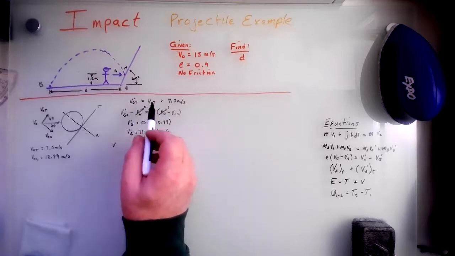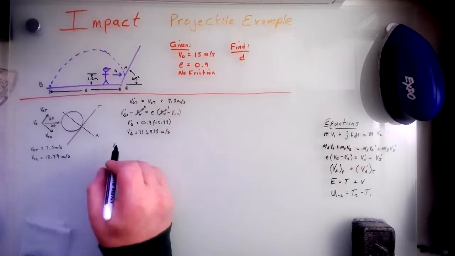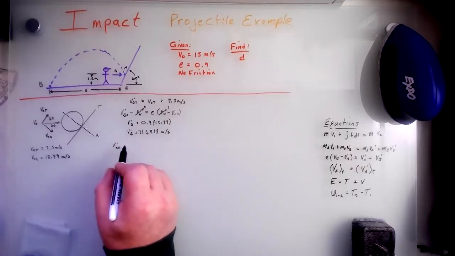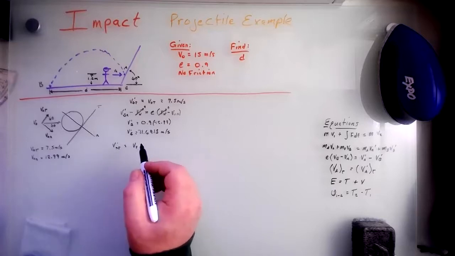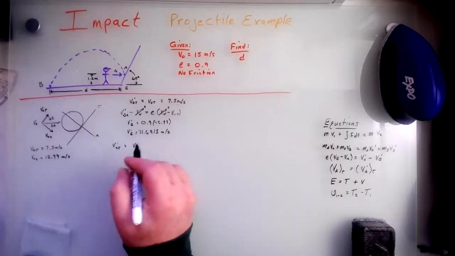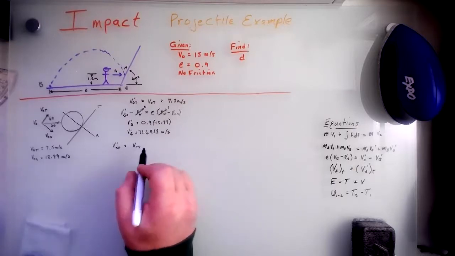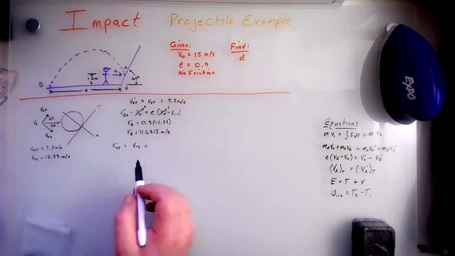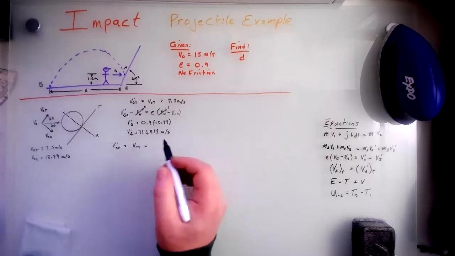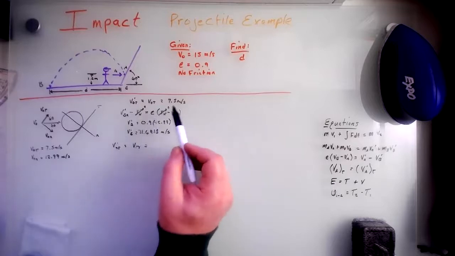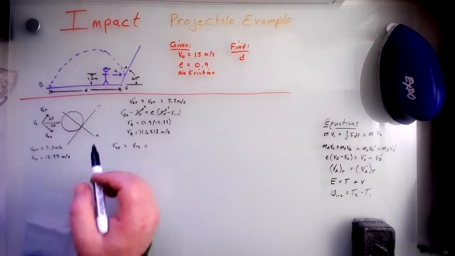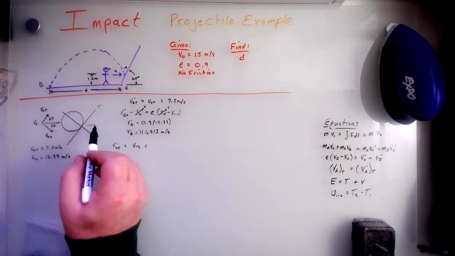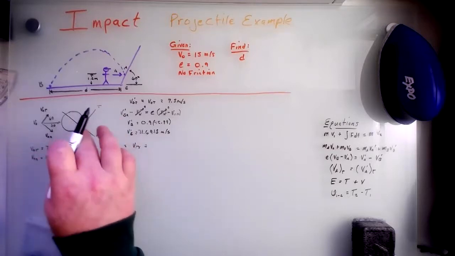V prime T is going to have a V X and a V Y. We'll say V T X. What's that going to be? 7.5 is in this direction, so what we need to do is put in an X and Y coordinate. Let's put X in the same directions, so we'll just go in reverse.